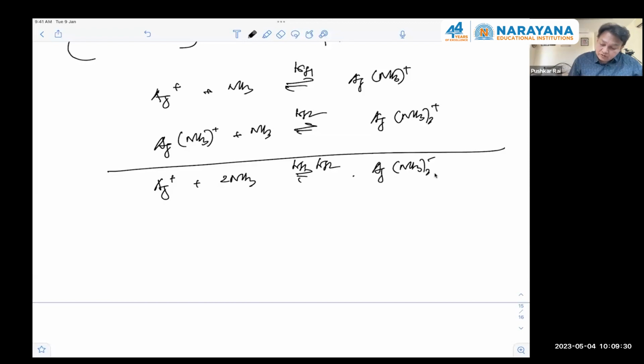So if you have doubts in these, sir, why do we write it like this? C, and this is C1, this is C2, minus x, minus 2x, and x. Something like this. Why do we do it? It should not be done now. Why? Both Kf1 and Kf2 are very large.